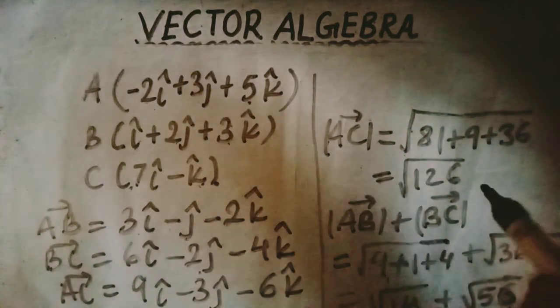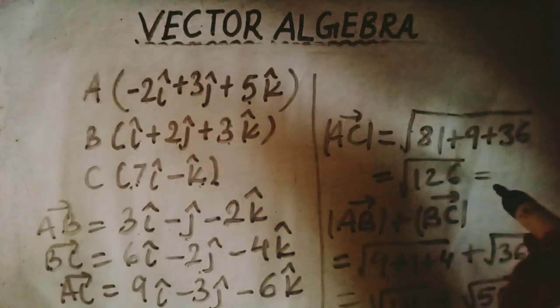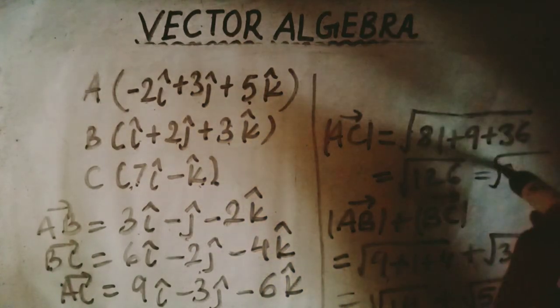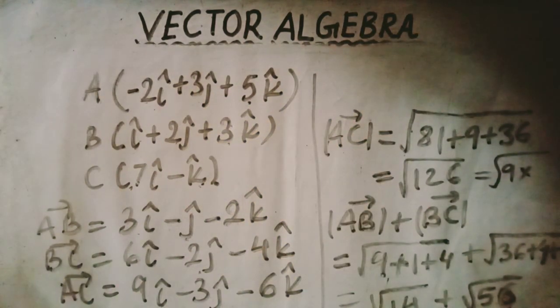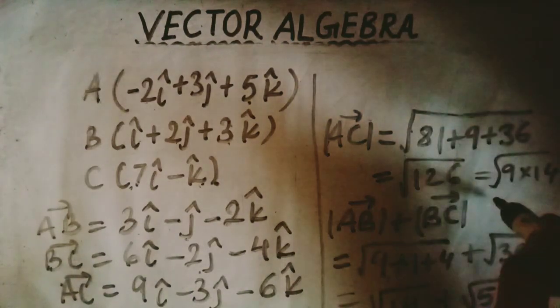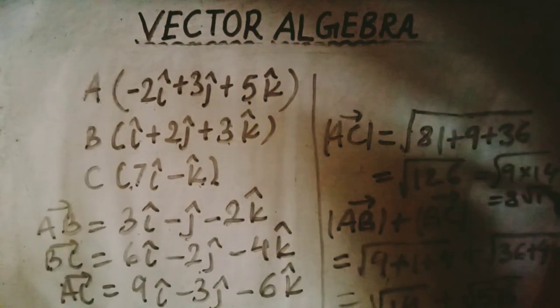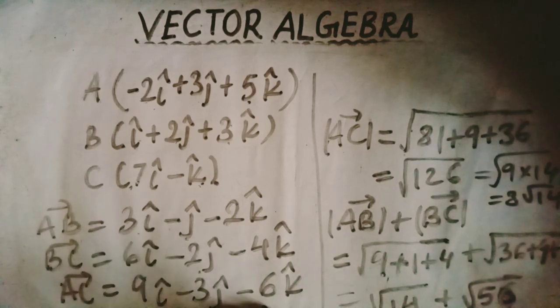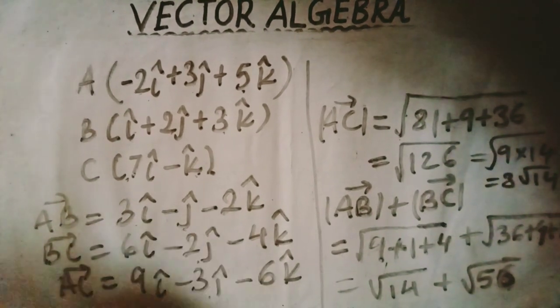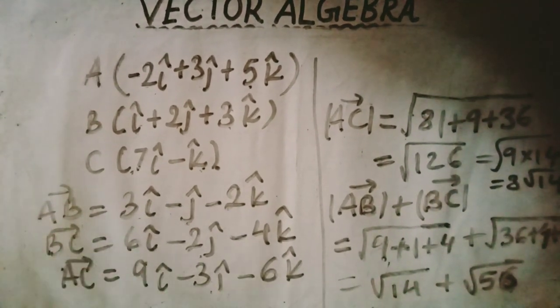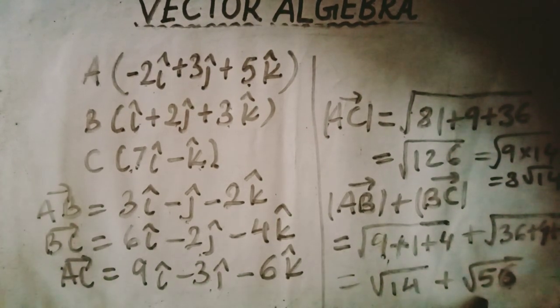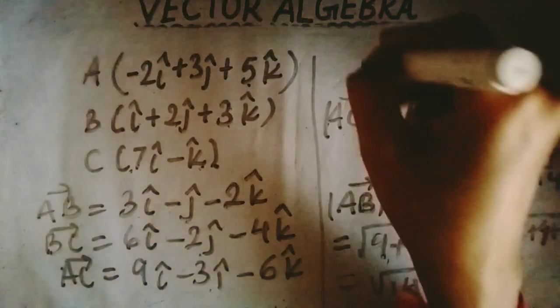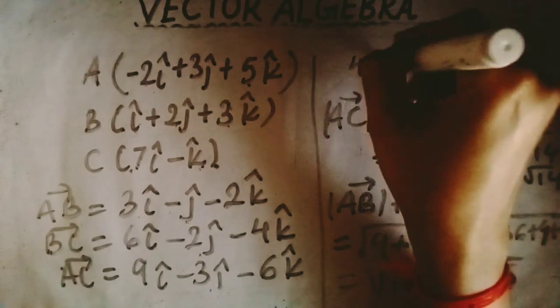Now root 126 you can write as root of 9 into 14. So this is 3 root 14. Okay, and your AB is root 14, and root 56 you can write as 4 into 14.